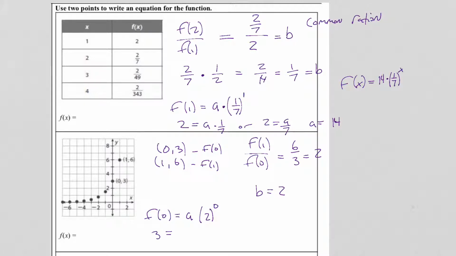So 3 is equal to a times 1, which means a is equal to 3, and our formula is f of x is equal to 3 times 2 to the x. So there you go, and from here we're going to go on to the homework packet.